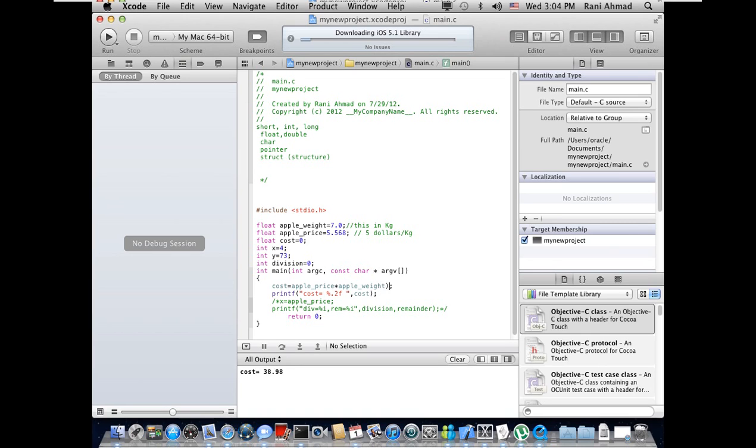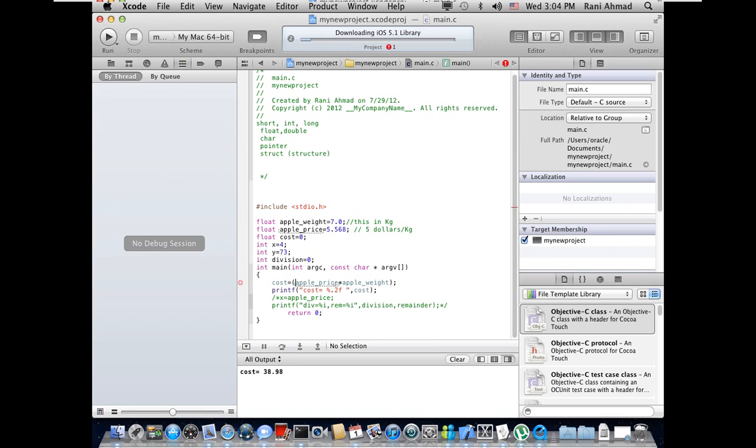And I can do more than that. For example, I can do everyday math, and get x itself, so x times or plus, for example, 3.